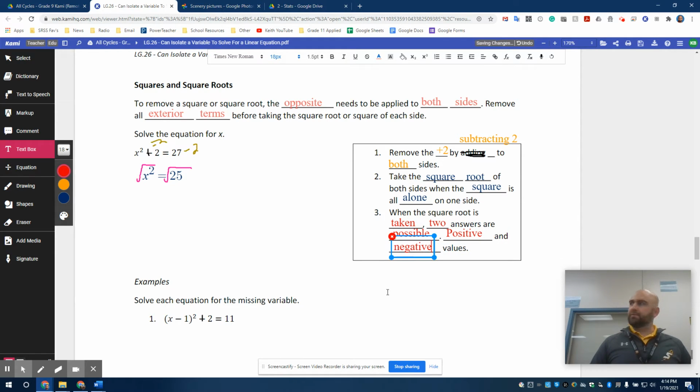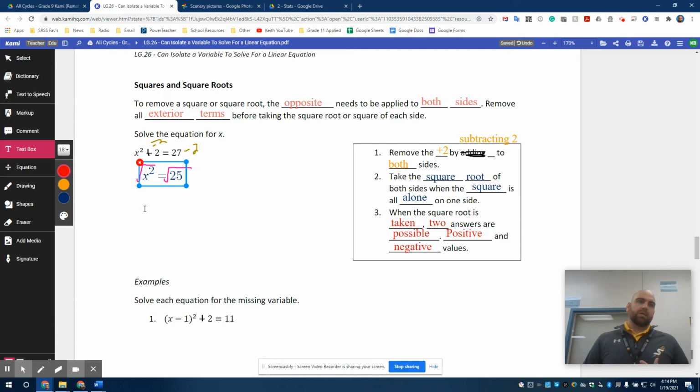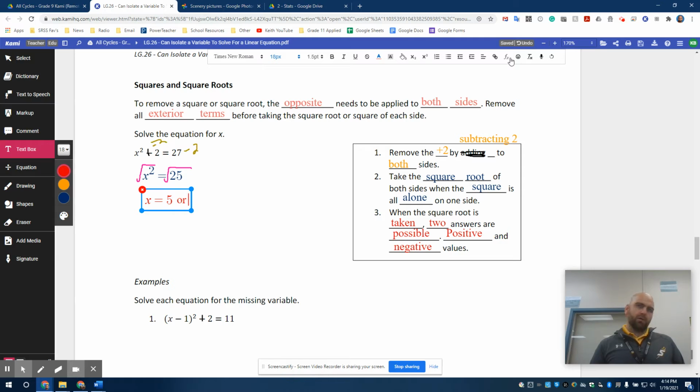So in this case, when we take the square root of it, we're going to get x all by itself. But now x could be the square root of 25, which is 5, or at the same time, it could also be negative 5. We're not sure exactly which one was used because both could have been used to solve, so we have to put both as our answers. Both the positive and the negative are involved there.